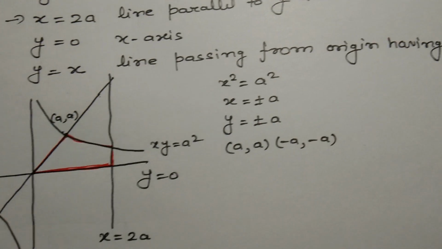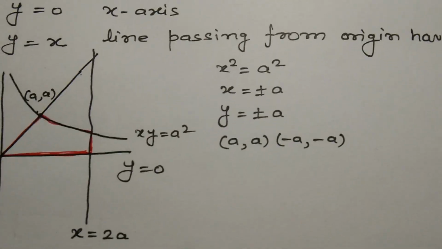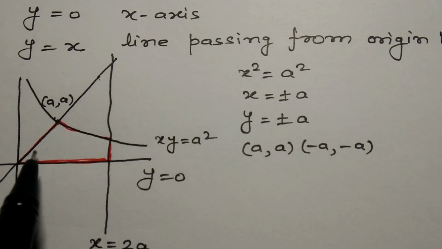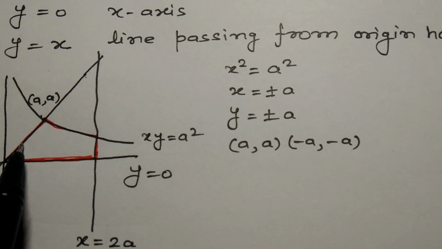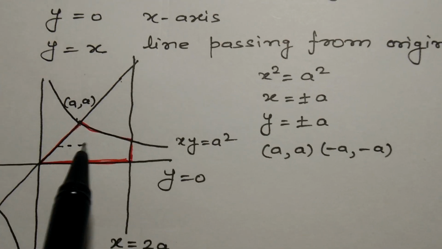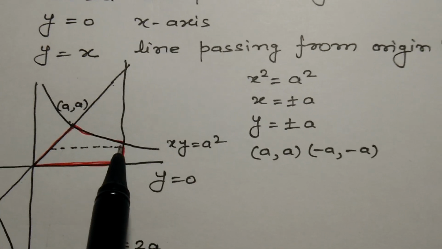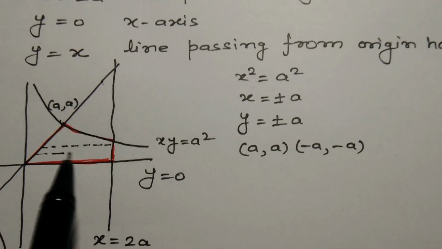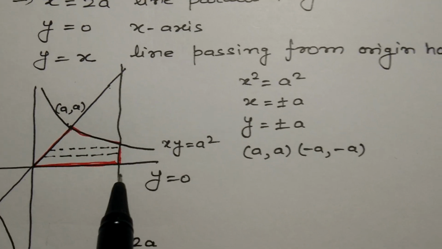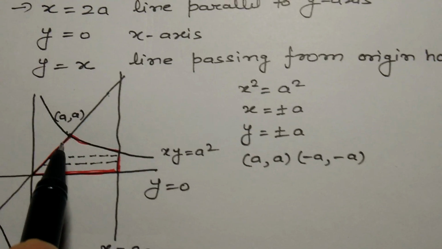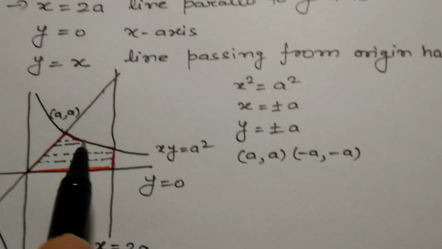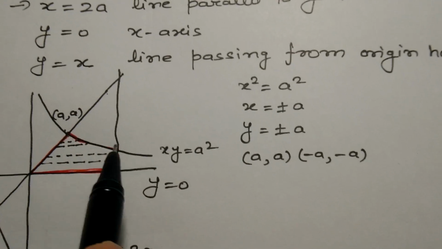Now this region is interesting. Why? Because in this region, if I take a horizontal strip, suppose I take a horizontal strip, I'm making it by dotted points. The horizontal strip here will go from x is equal to this line to x is equal to this vertical line, and the horizontal strip in this region will go from x is equal to this slant line to the rectangular hyperbola.